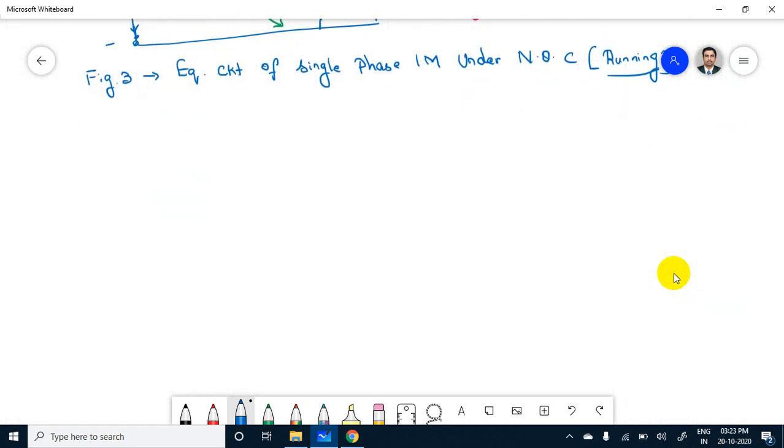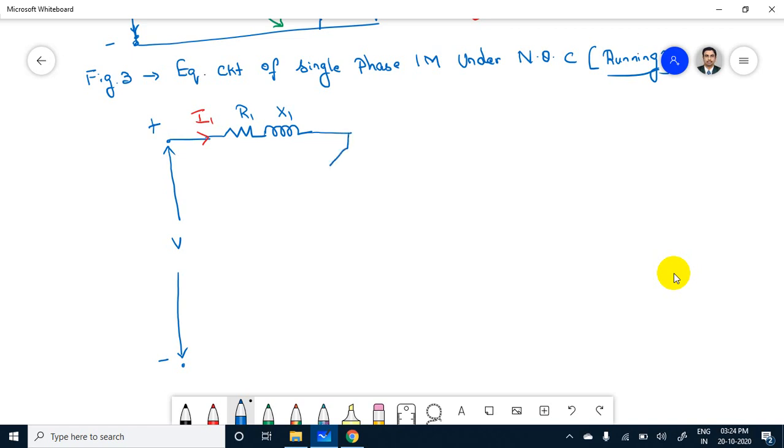Okay, rotor resistance parameter, that parameter which we are representing, plus minus V, which will be given to R1, X1, I1 stator current.